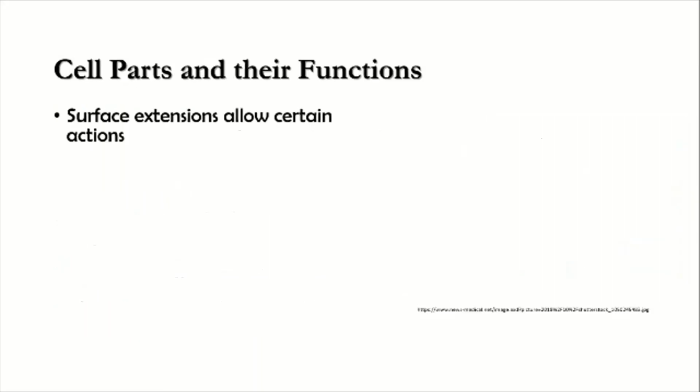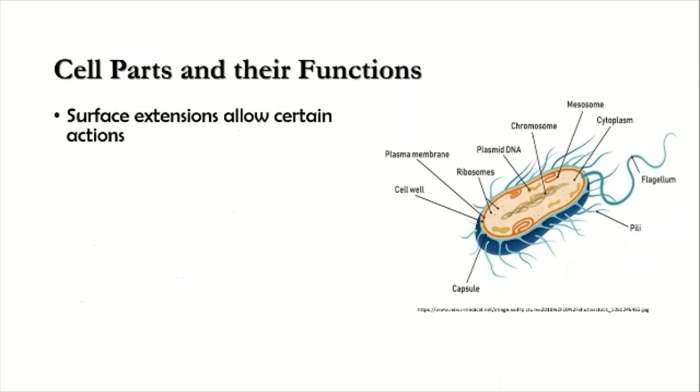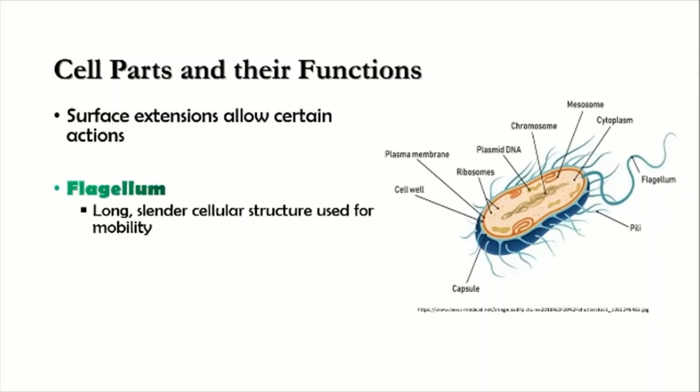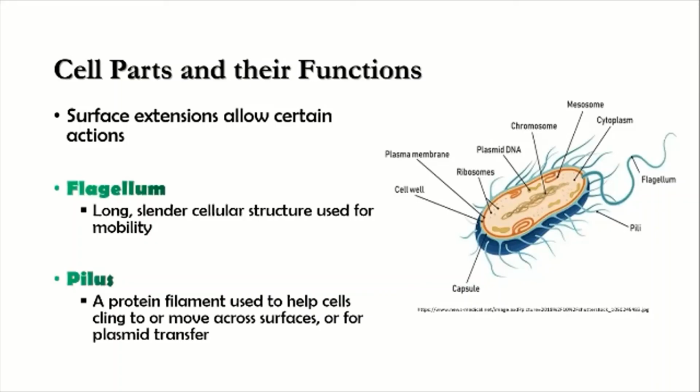Now there are some surface extensions that allow for certain actions or movements of the cell. In this picture, we have a prokaryote, and it has several surface extensions such as the flagellum and the pili. The flagellum, plural flagella, is a long slender cellular structure used for mobility, while the pilus is a protein filament used to help cells cling to or move across surfaces.